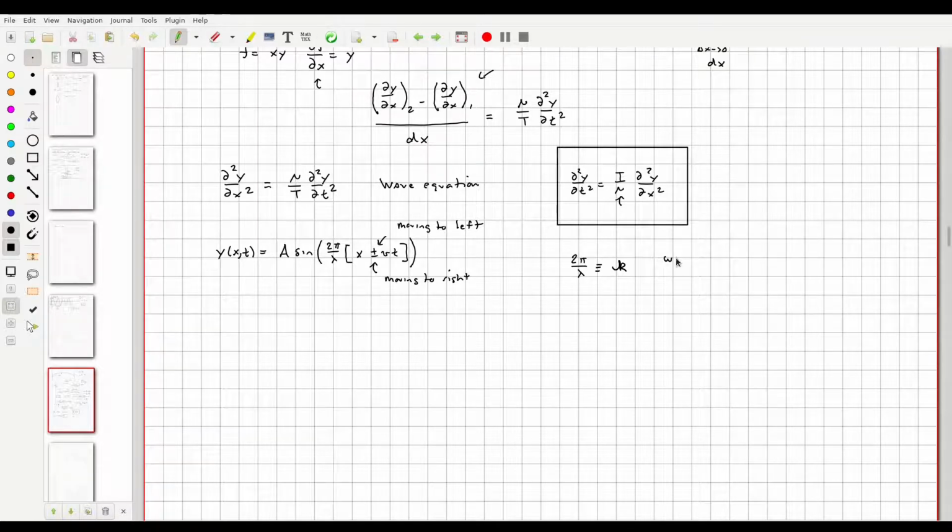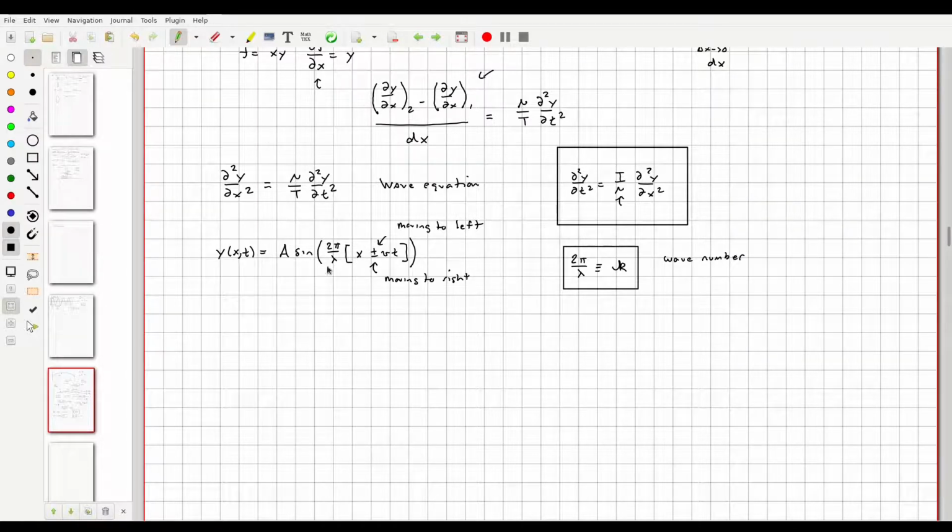This is called the wave number. That doesn't make a whole lot of sense right now. It makes more sense when you do more complicated wave stuff, which if you pursue more advanced physics courses, you'll see later on.